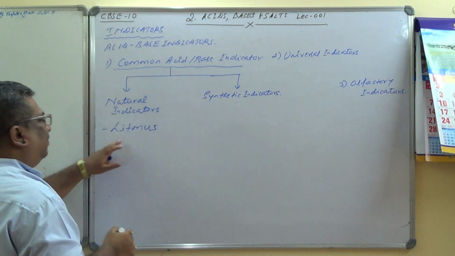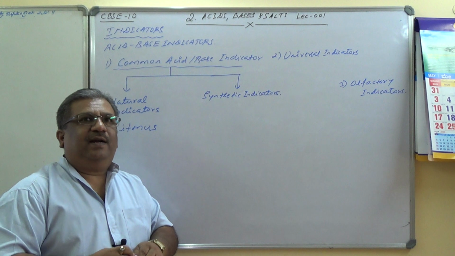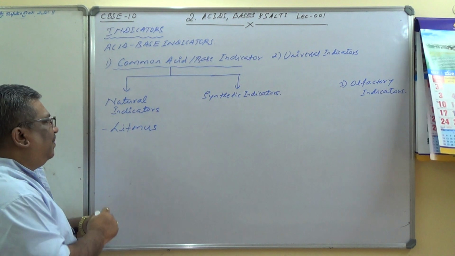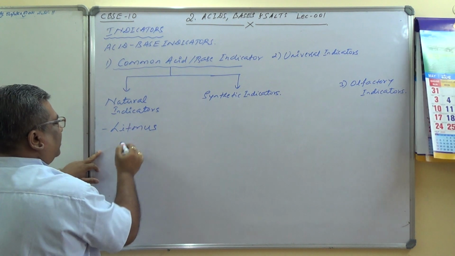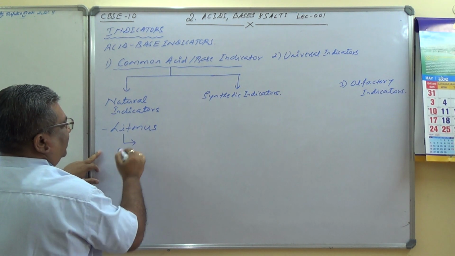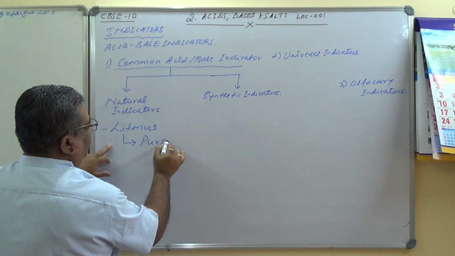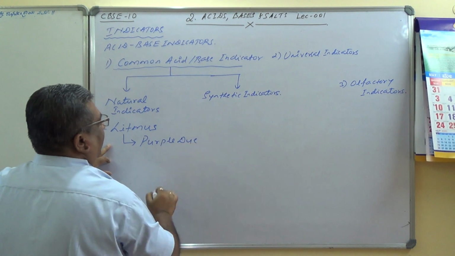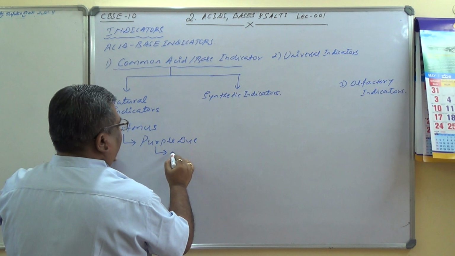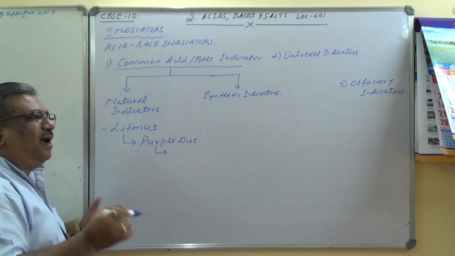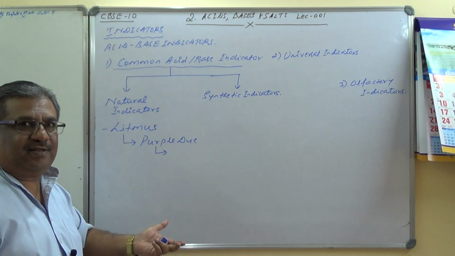The litmus solution is basically a purple dye, and this purple dye is extracted from lichens. I'll write here litmus solution. It is a natural indicator. This is extracted from a division of plants called Thallophyta, and the name of the plant is basically lichens.